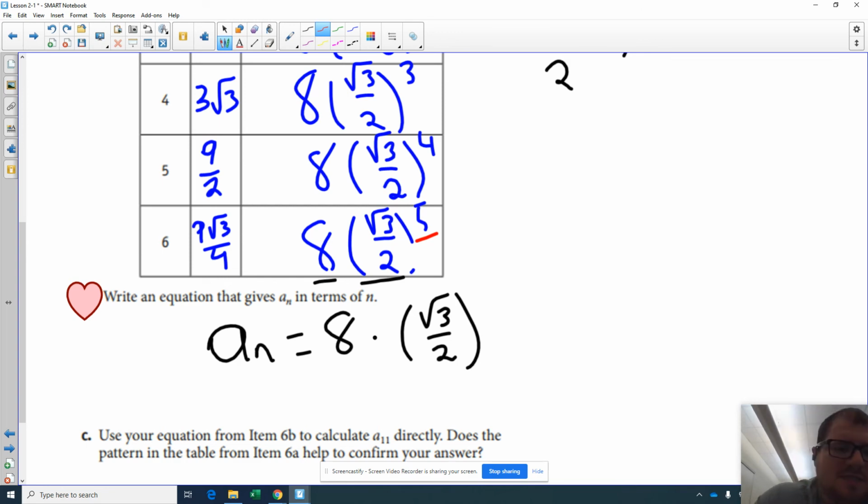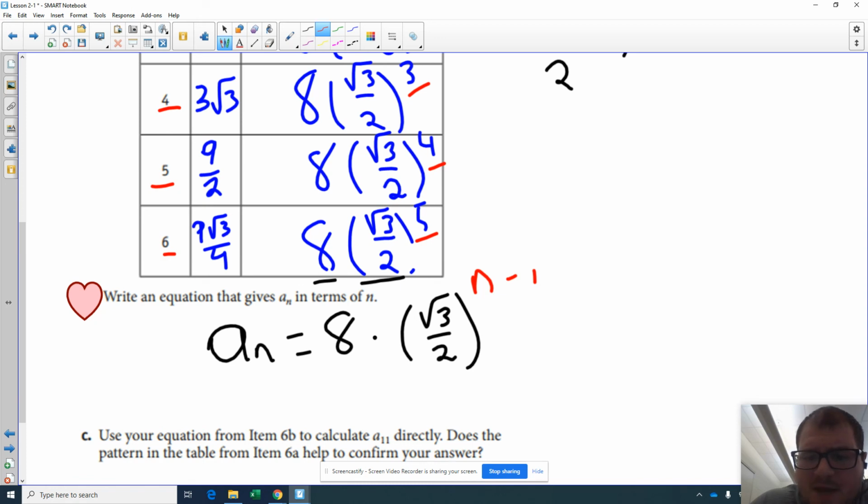Well, if you notice, every value of n, or the number we're looking for, is one less than our exponent. We wanted the fifth term, we used 4 as an exponent. We wanted the fourth term, we used a 3 as an exponent. So what we can do is state we're going to take the term that we're going to use and subtract 1 from it.